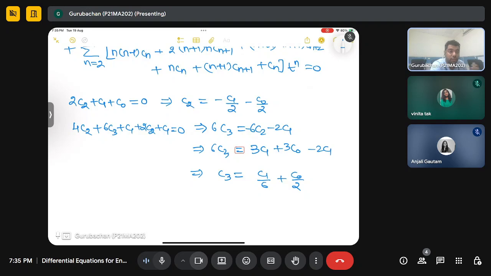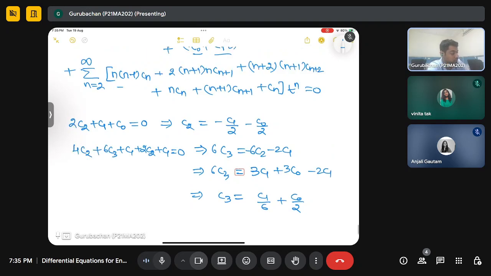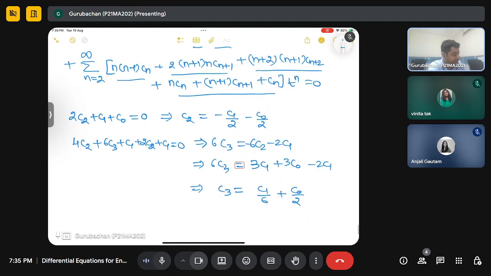Now what will be the general relation? General relation will be in terms of Cn, Cn plus 1, and Cn plus 2. If you combine the terms of Cn, you will get n square minus n, and another Cn term is n Cn, plus Cn. So if you simplify it, n will cancel out, only plus 1 will be left. So I'm writing plus 1 Cn.